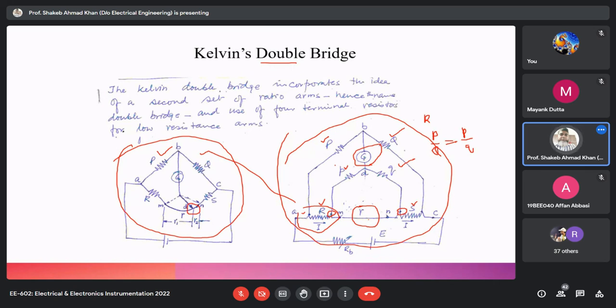Because it has two sets of ratio arms, capital P Q and small p q. That's why it is called Kelvin's double bridge. Now tomorrow or on the next turn, we'll verify whether this implementation fetches the same result as that of the conceptual modified bridge to compensate lead and contact resistance or not.